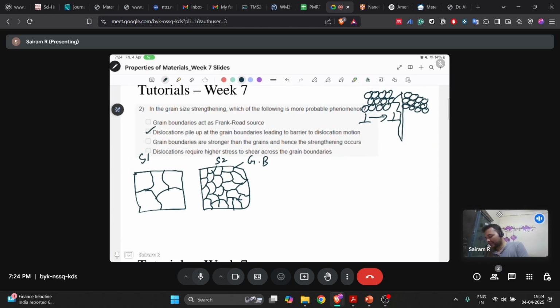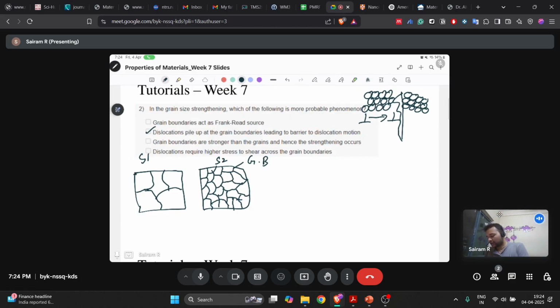So when dislocations pile up along these grain boundaries, if there is dislocation pileup along all of these grain boundaries, it is definitely going to have a much more profound effect in strengthening my material over here than in the case of S1, where I can count one, two, three, four, five different unique grains of different orientations, but here I have a lot more.